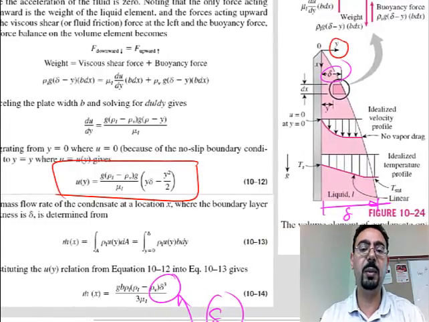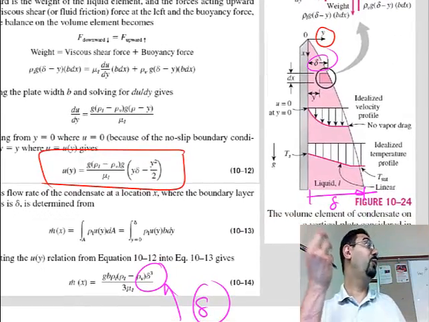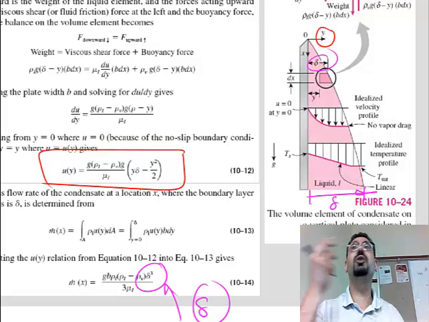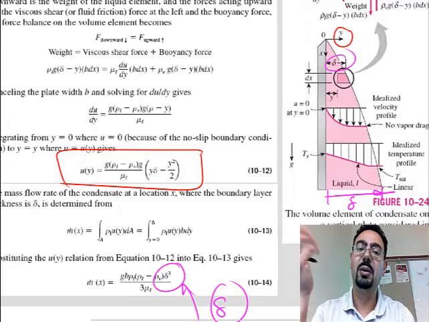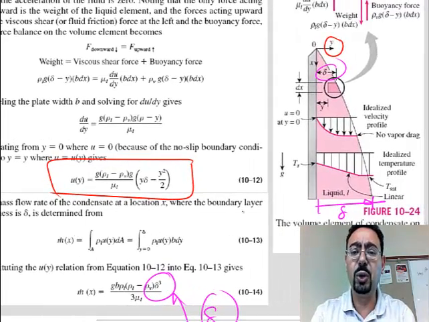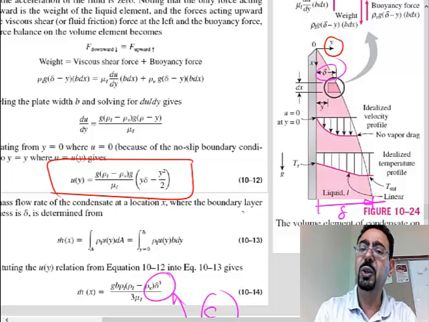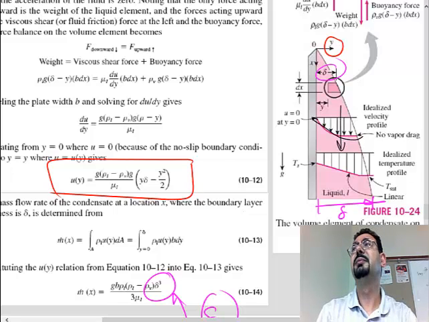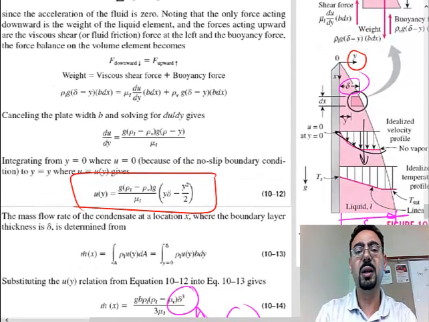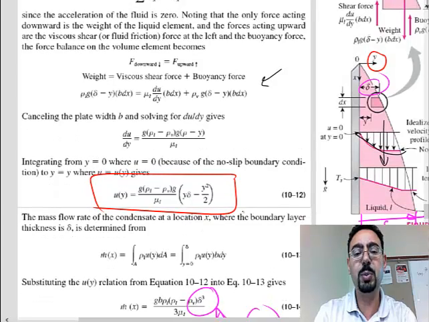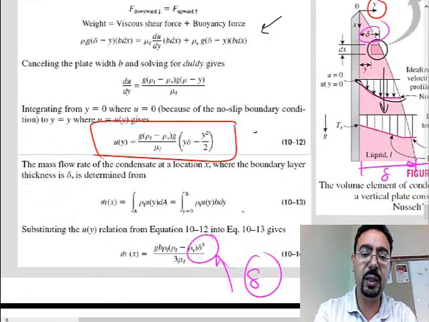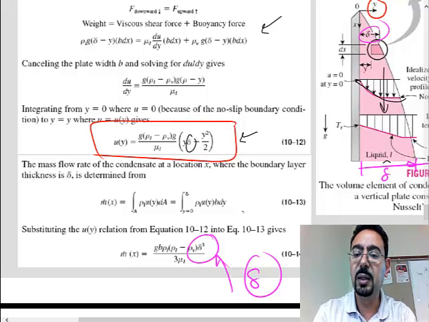But it's really pretty because you have to calculate Q conduction at the wall, but also you have to know the thickness of the film, and the thickness of the film depends on the Q. So to come up with the thickness of the film, you need to know the m dot over here. And so they solved the Navier-Stokes equation. So this is basically the Navier-Stokes equation in this part. And you see they can calculate the velocity profile if only they know the delta. Delta is the film's height.